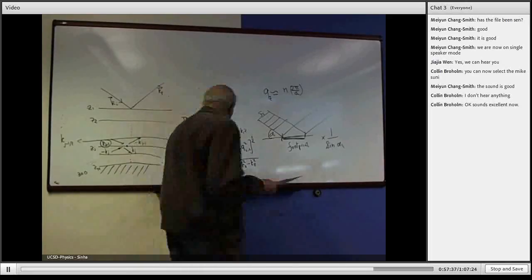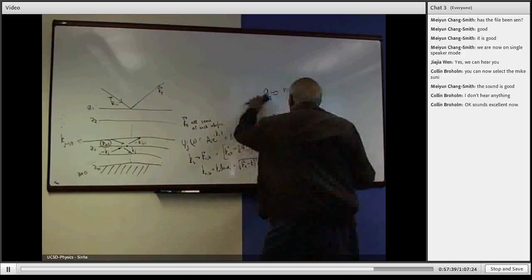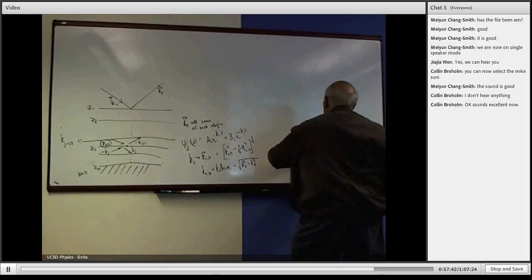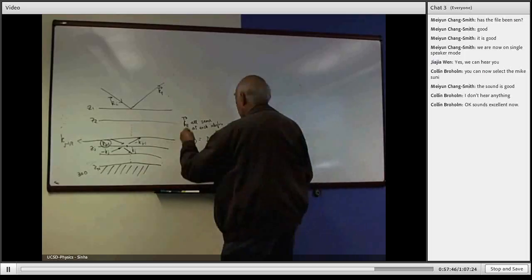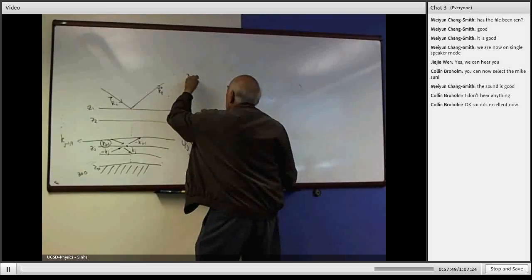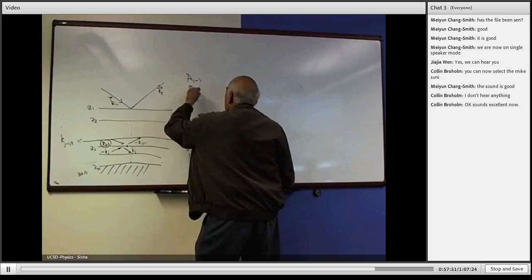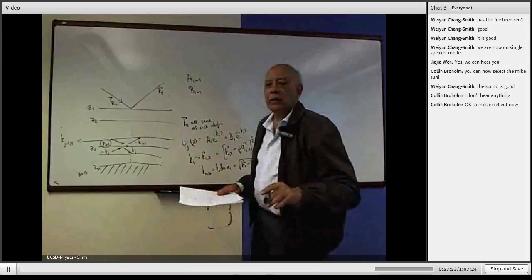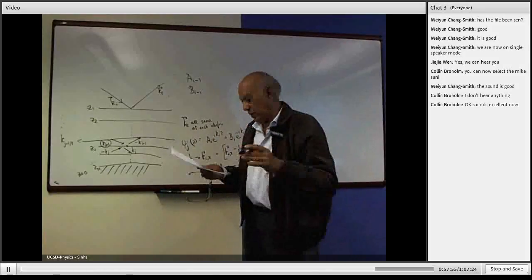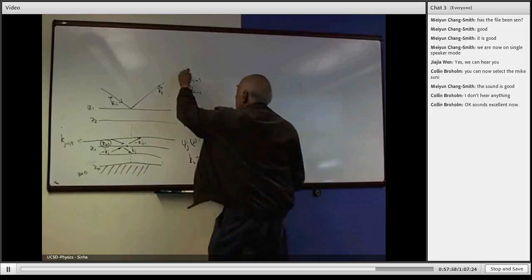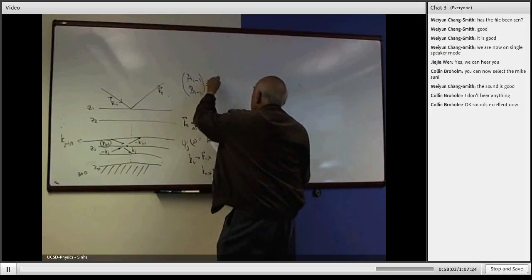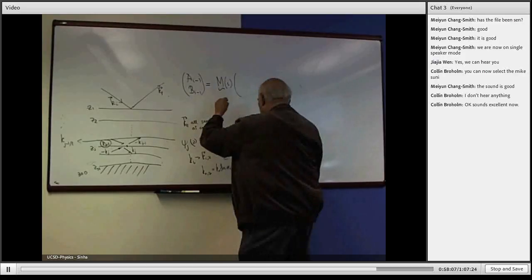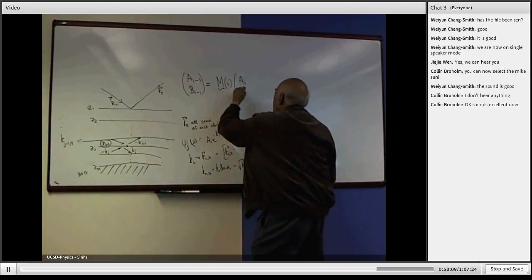So in fact, let me write it. I'm going to write ai minus 1 and bi minus 1 in terms of ai and bi. So I'll write this as a 2-column vector, and I can write this as a matrix M of i times a 2-column vector ai, bi.